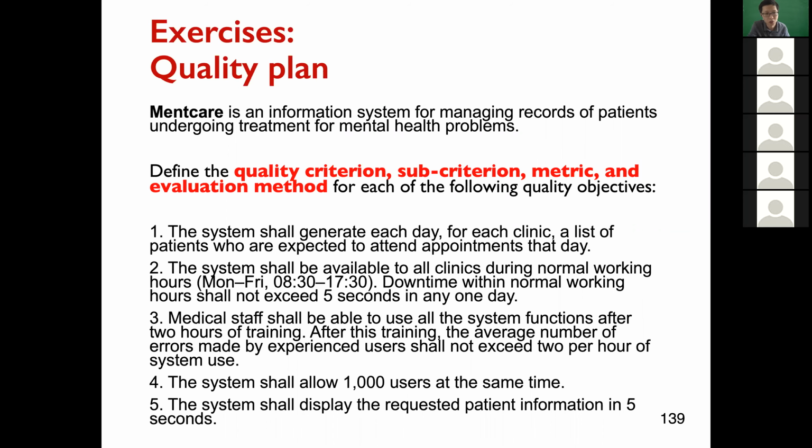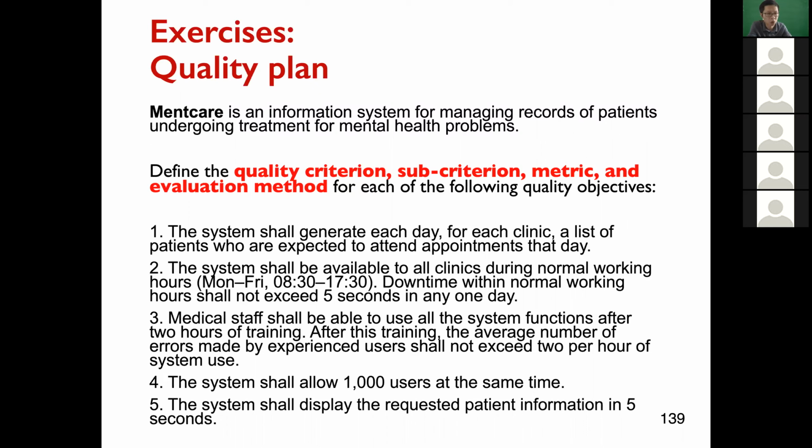You need to define quality criteria, sub-criteria, metric, and evaluation method for each of the 5 quality objectives. This is basically what you will also do for your assignment. I will review this exercise next Monday, in the next class.